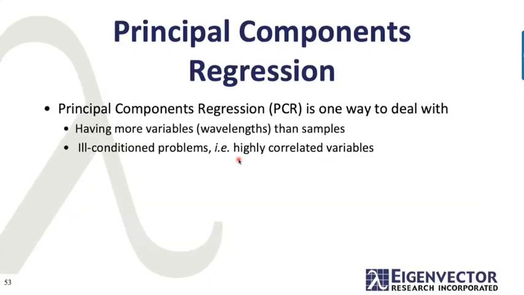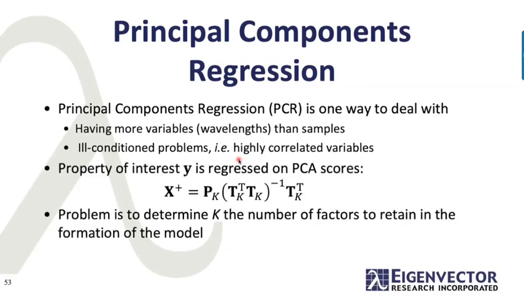So one solution to that is to use principal components regression instead. So principal components regression is one way to deal with this problem of too many variables and or ill conditioning. So that'll fix that.